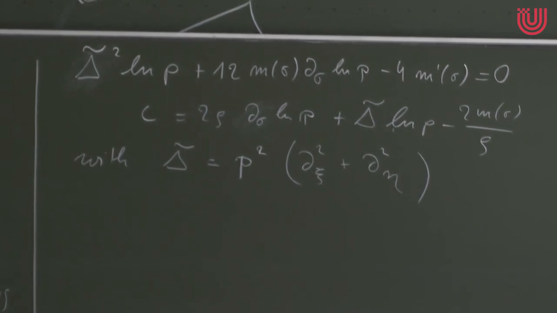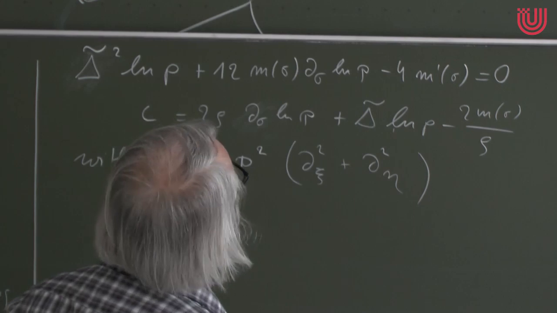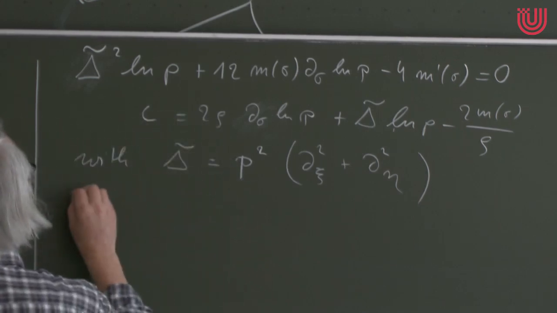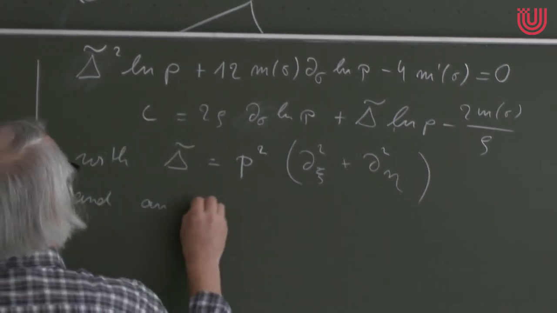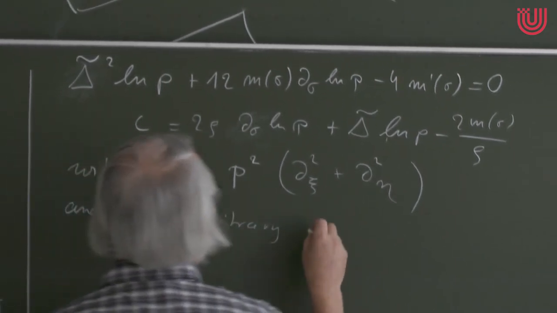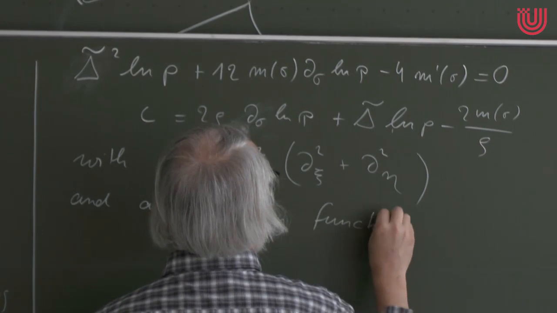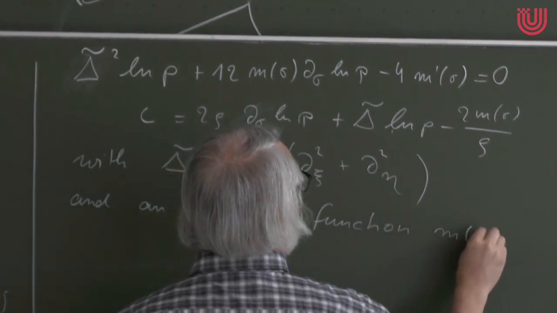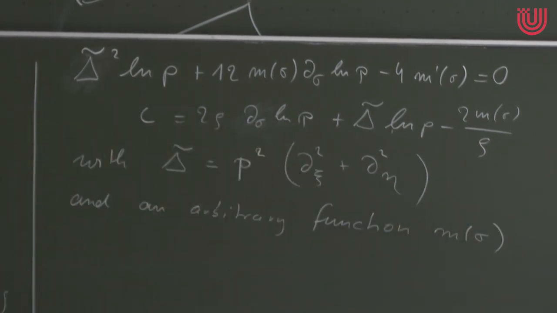And it appears twice. And an arbitrary function comes in as an integration constant, m of sigma. It is usually called the mass function. We will understand in a minute where this name comes from.